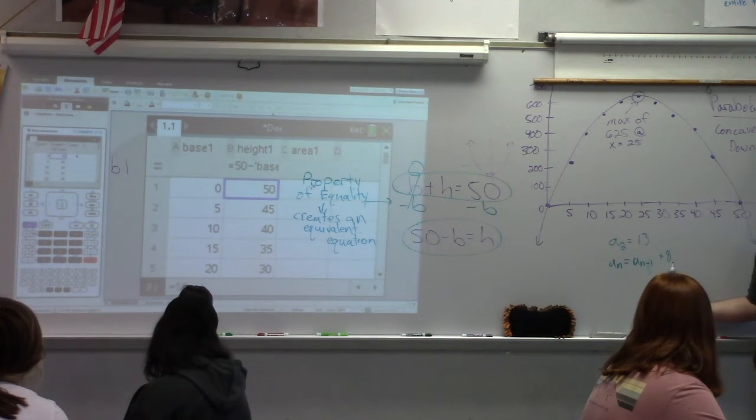That just means I'm adding 8 every time. Does that make sense? It would be easy to get the third term, because I add 8 to this 13 and get 21. It's easy to get the next value with a recursive definition.